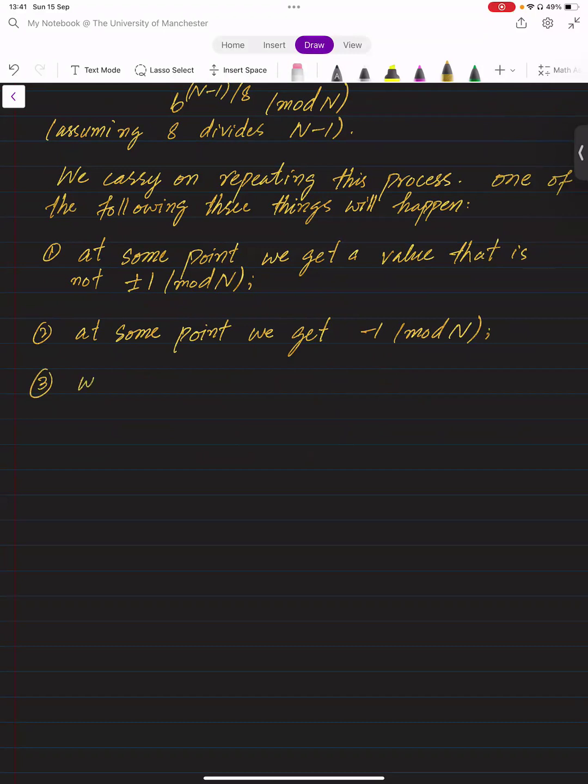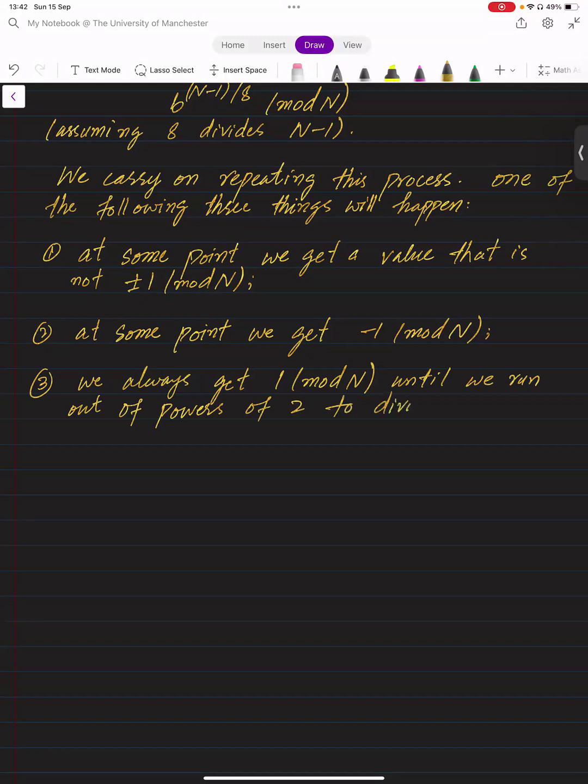3, we always get 1 mod n until we run out of powers of 2 to divide n -1 by.